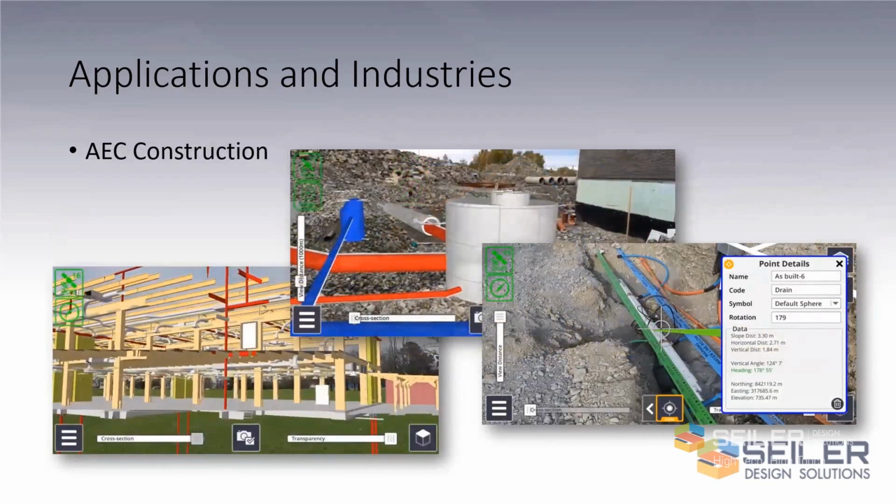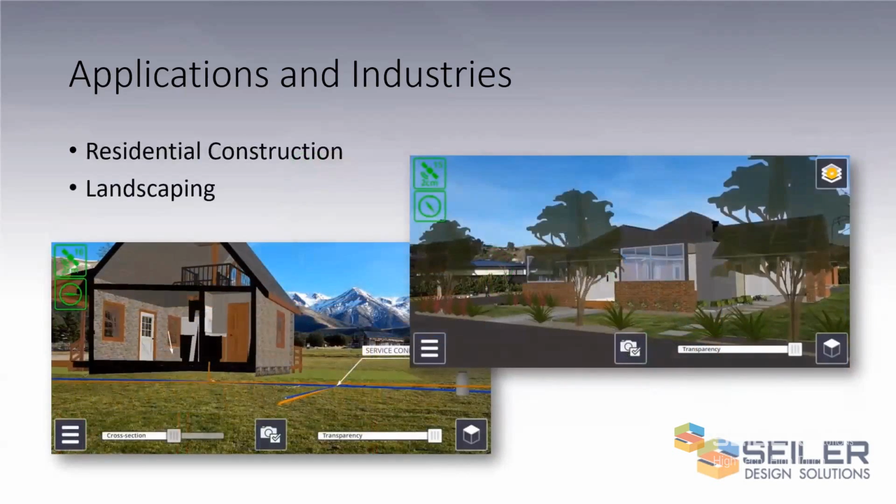It could be used in the AEC construction, both building and infrastructure, to visualize not only, again, design and construction intent, but because of its measuring capabilities with the built-in positional antenna, to be able to add as-built data as well, take shots and pictures and discuss any kind of conflict resolution routines that need to be done.